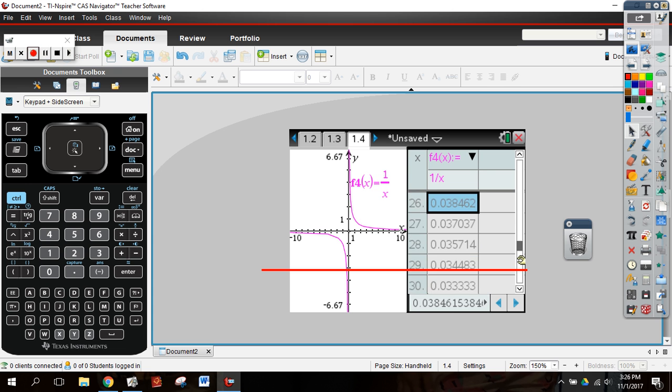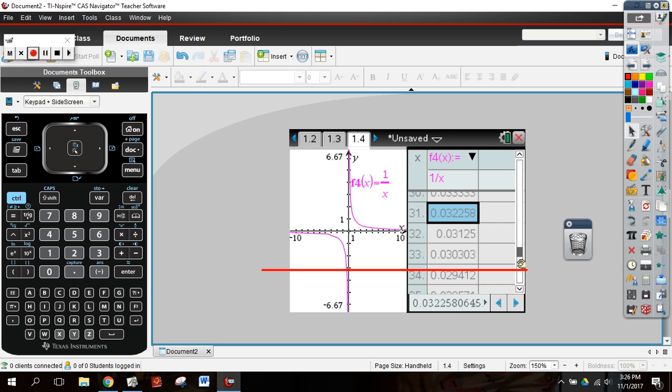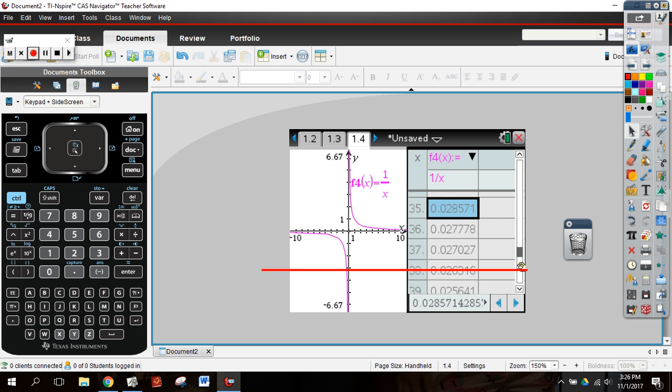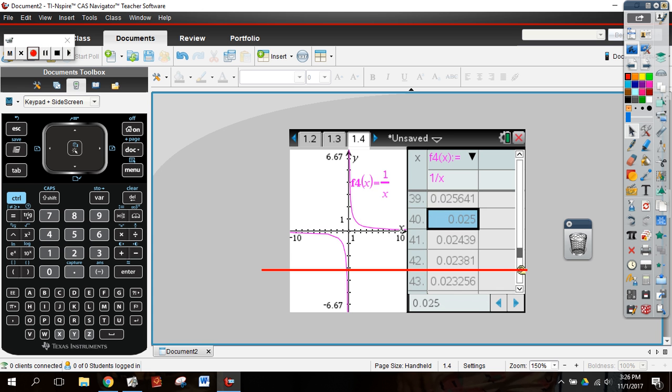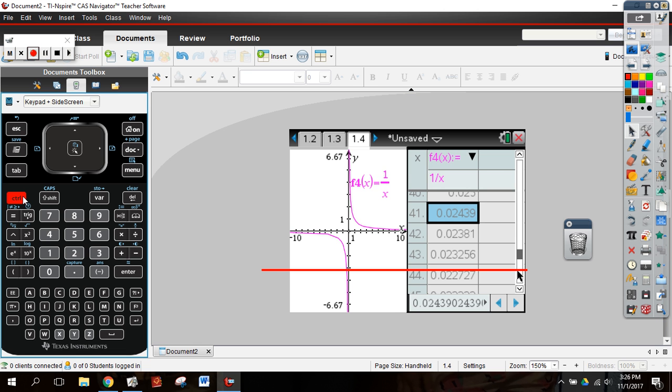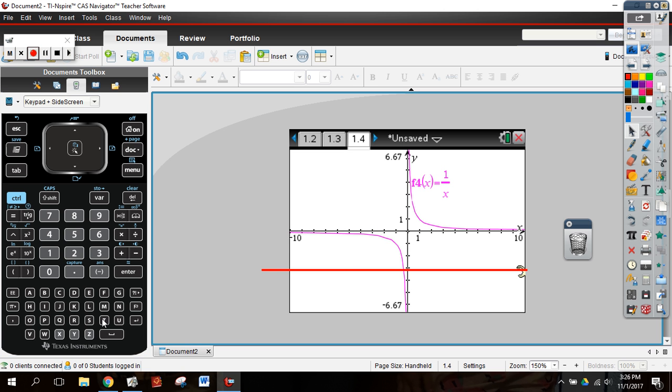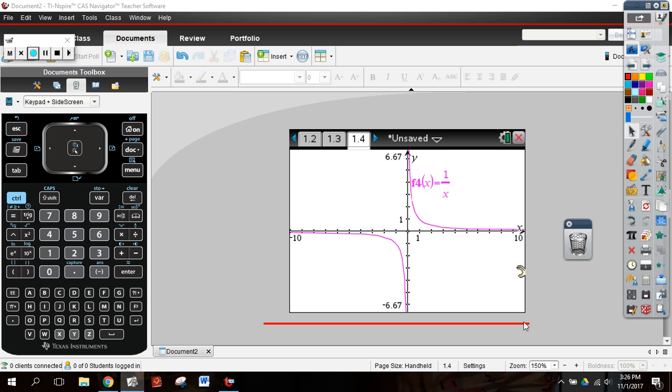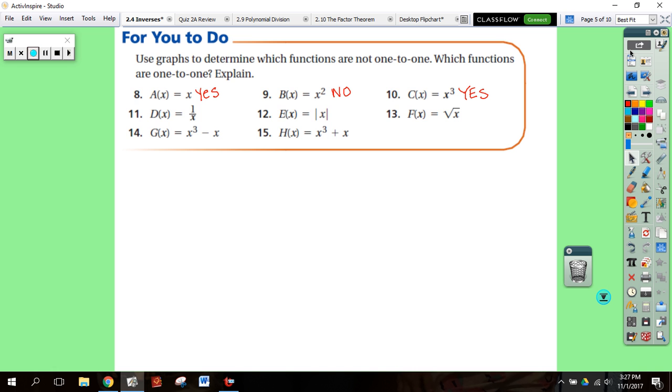Okay, so it doesn't matter how far down we go, you can see that these are not repeating. They're very close, but they are not repeating. Okay, so this graph is one-to-one.